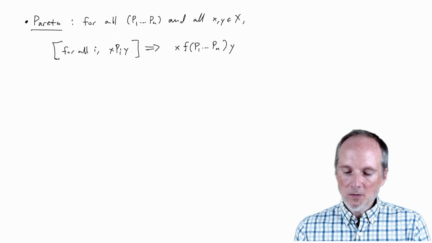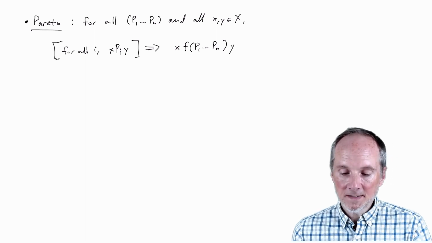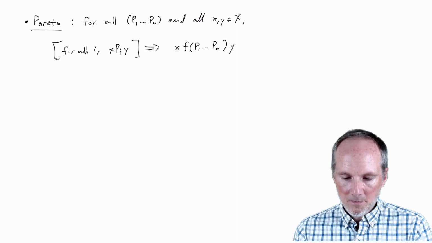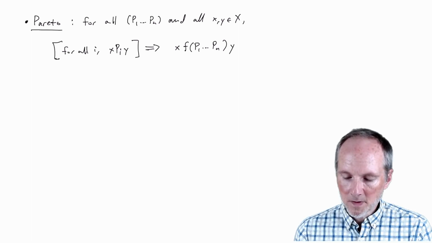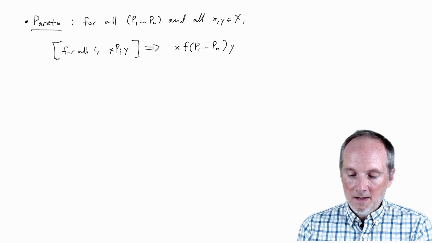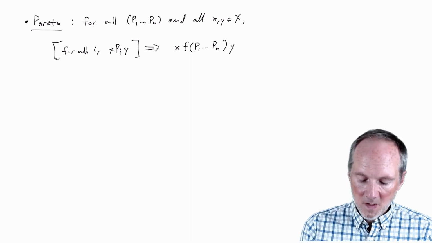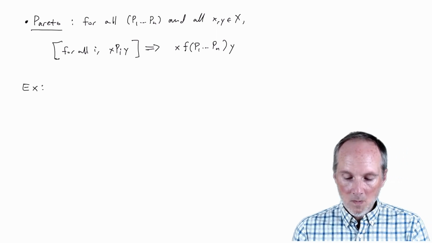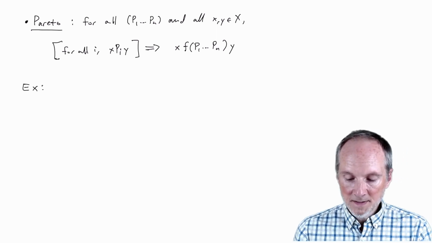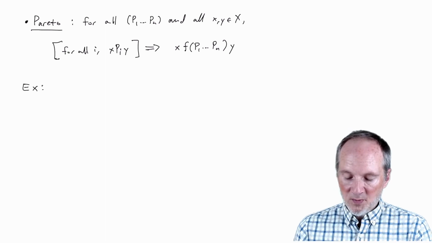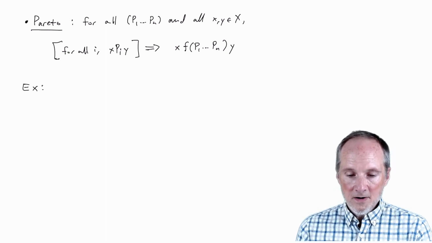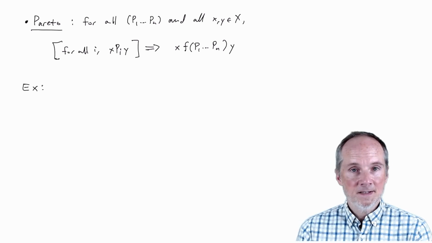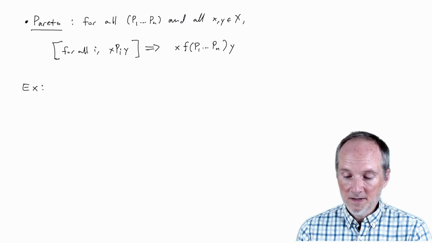Okay, so we now have three axioms. Let's go back and think about these axioms, in particular IIA. Let's go back to our board example from the previous installment, where we saw how the Borda ranking was quite sensitive to information in the rankings.